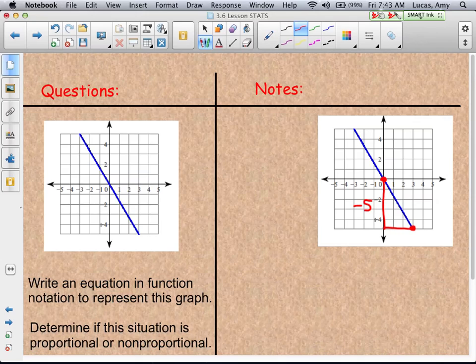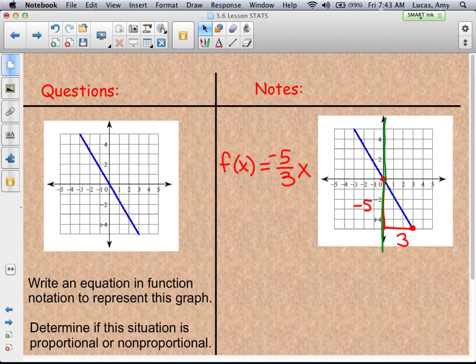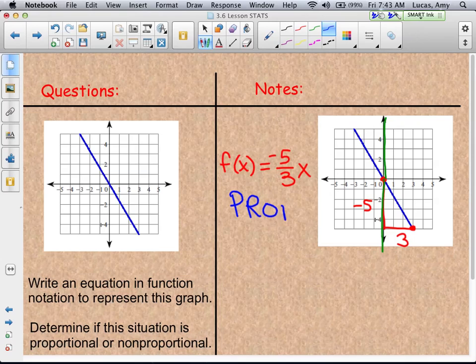And then over 3 for the run to the right. So f of x equals -5/3 x. And then this line does go through the origin. So I don't write an intercept because my intercept is 0, and that makes this relationship proportional.